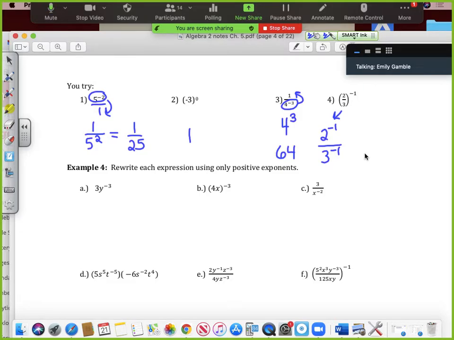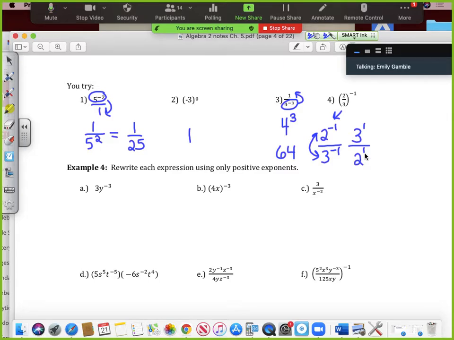The 2 to the negative 1 will go to the denominator and become 2 to the positive 1 in the denominator, and 3 to the negative 1 will go to the numerator and turn into 3 to the positive 1. So basically everything's going to switch locations, and then everything will get the positive version of the exponent. That's what the exponent rule tells you to do. Whenever you have a negative exponent, you just flip it from where it currently is. From the numerator, it will go to the denominator, or if it's in the denominator, it goes to the numerator.